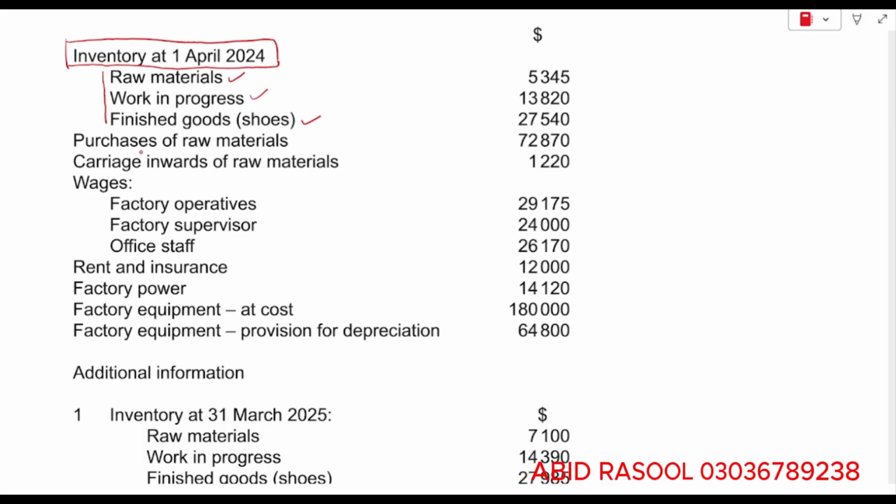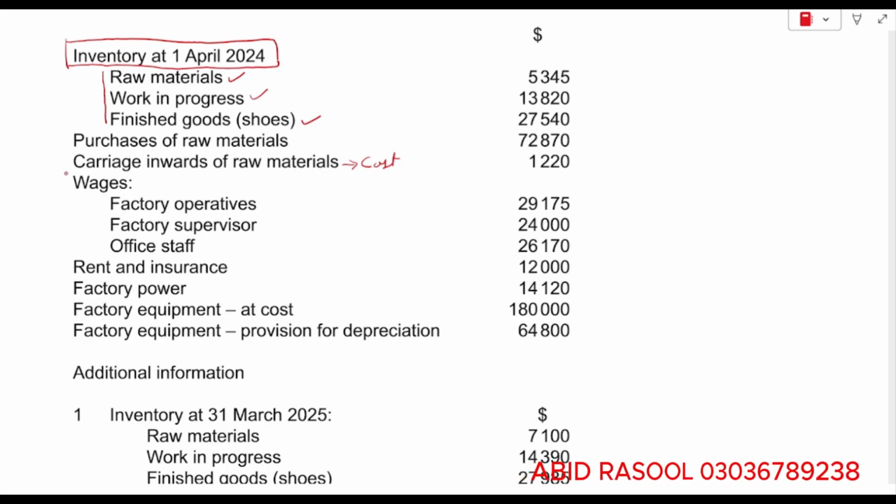Then purchases of raw materials. We further bought these raw materials during the year, and carriage inward of raw material, this is a part of the cost of raw material. Carriage inward of raw materials means the money we spent for the delivery of raw materials to our place.